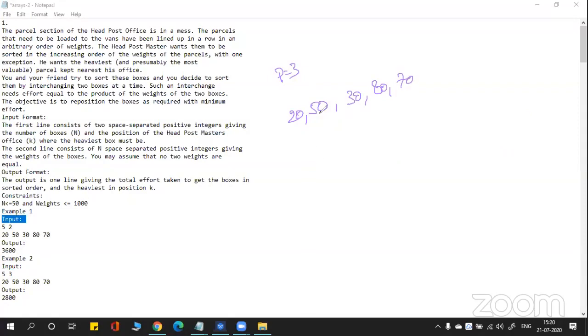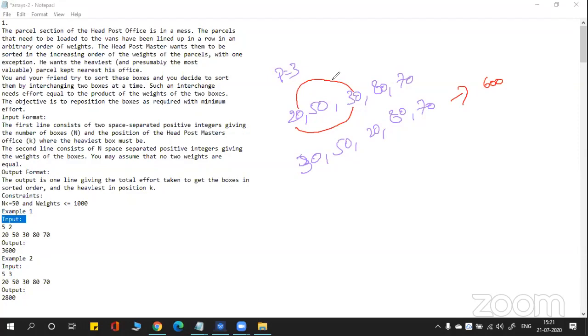So if I swap, first time, at position 3, right? My numbers will become 30 50 20 80 and then 70. If you observe, I have swapped these two. So what will my effort be? My effort will be 600.